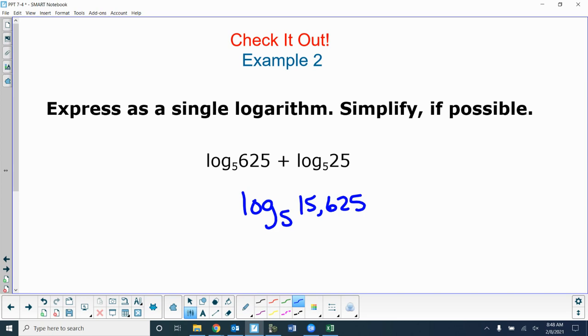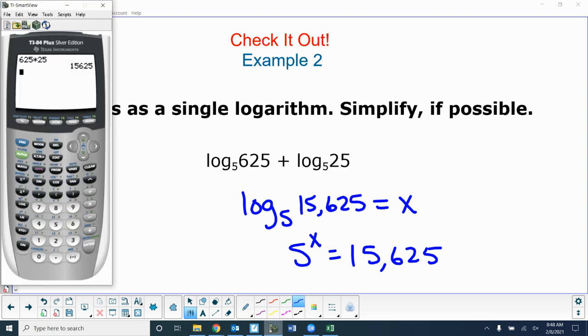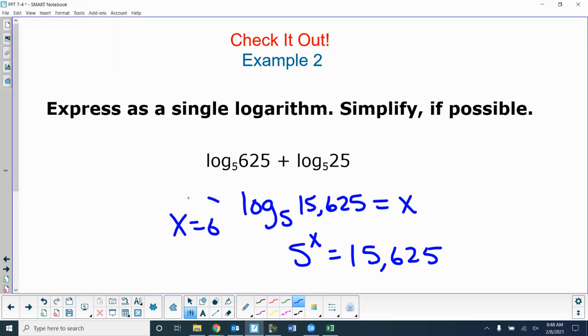Okay, and then we're going to try to figure out what exponent gives us that. Okay, so we can just do this. 5 times 5 times 5. That's 3 times, right? Now, since I did it that many times, if I hit enter, it'll do it again. 4, 5, 6. So x equals 6.